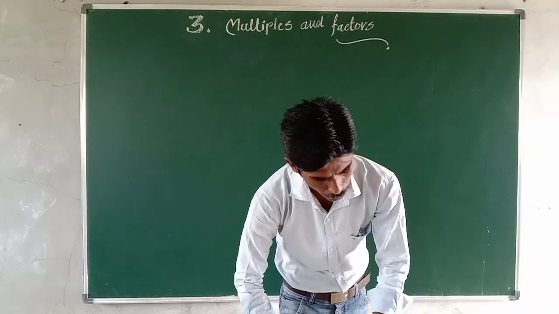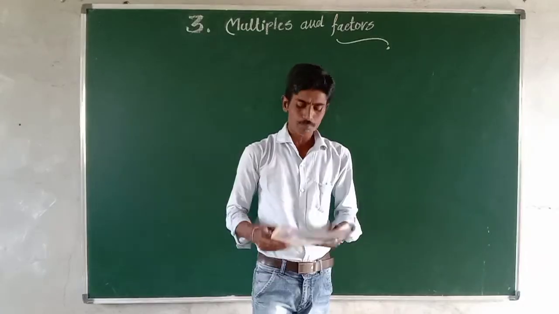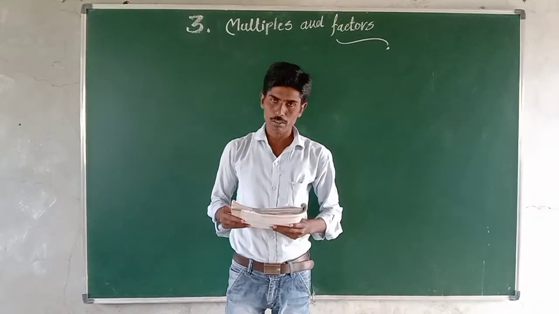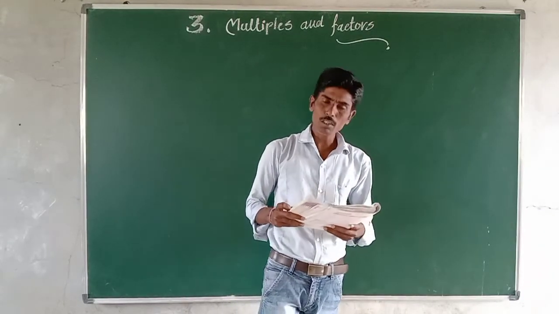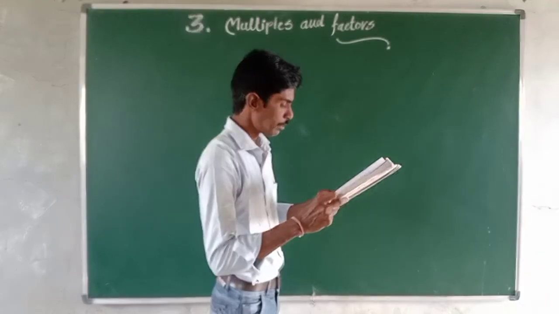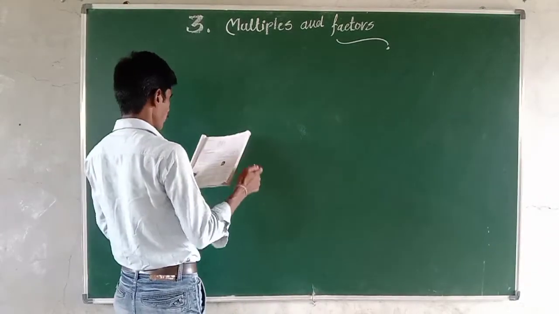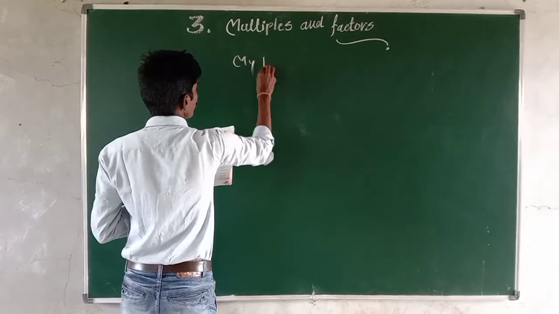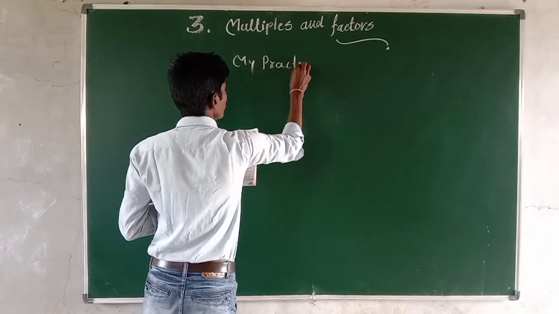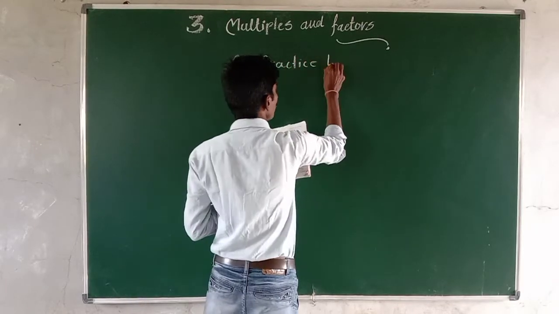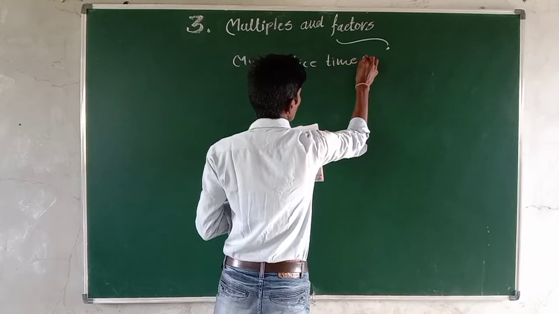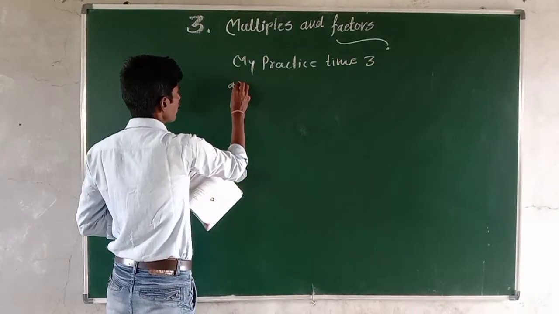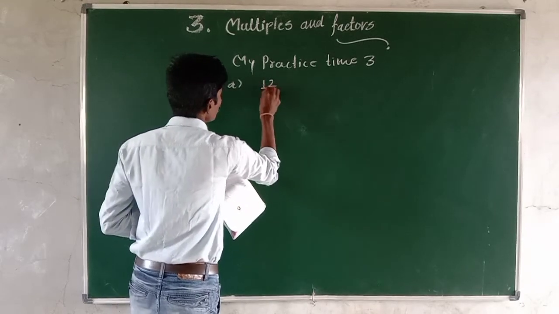The first question is: find the LCM of the following using the multiples method. The first example is 12 and 15.